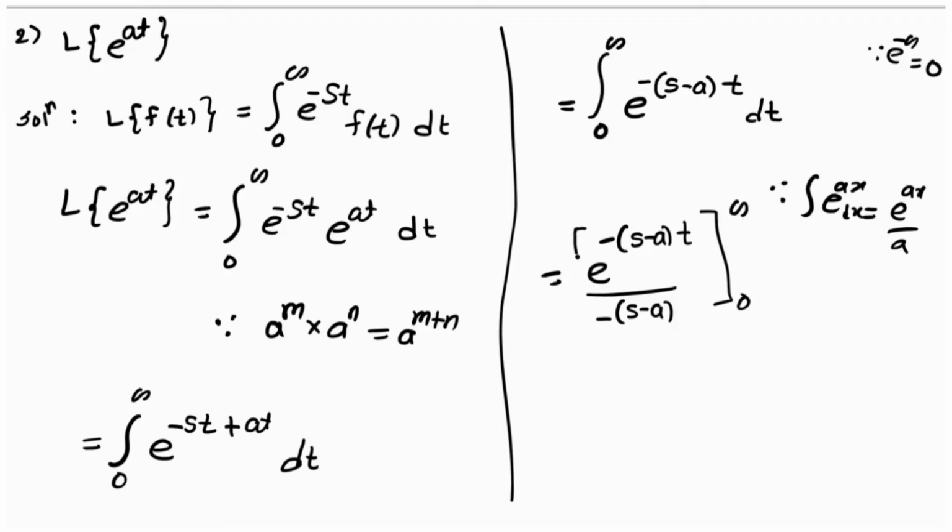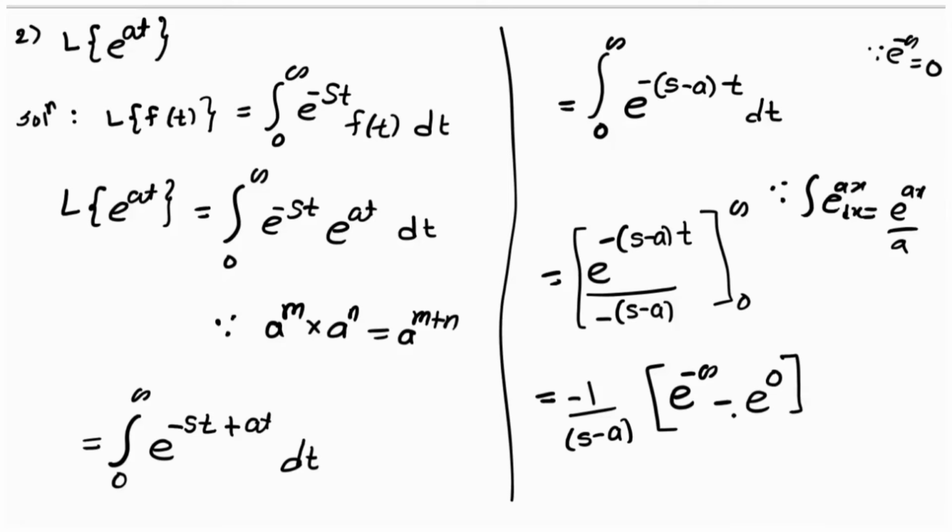Whatever constant term remains we can take outside. This denominator does not contain t, so I will take minus 1 upon s minus a outside, and put the upper limit minus lower limit in t. Here t is infinity, so e raised to the power minus infinity minus e raised to the power 0.